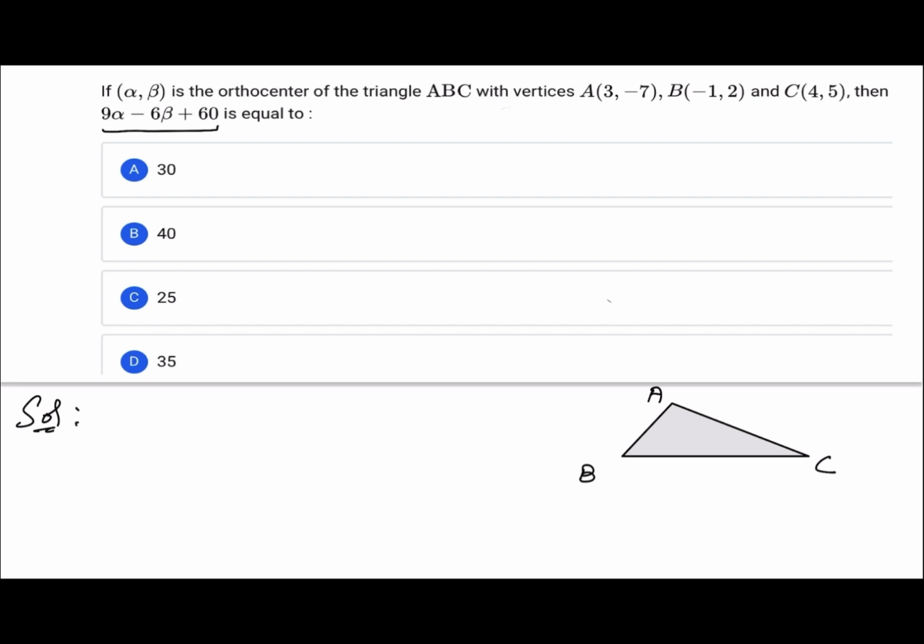Now here vertices are given. So if I'm saying AD is the altitude for BC and BE is also the altitude for AC, and their point of intersection is the orthocenter, say H.